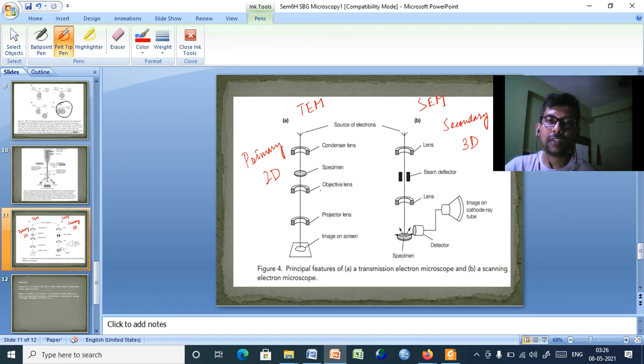For scanning electron microscopy, the secondary electron beam forms the image. They have a lesser resolving power than the transmission electron microscopy.